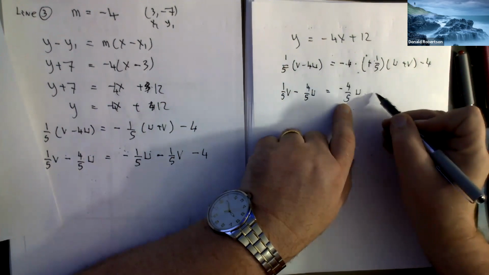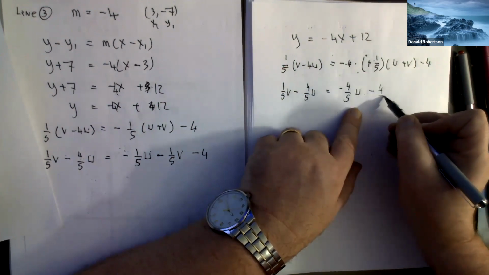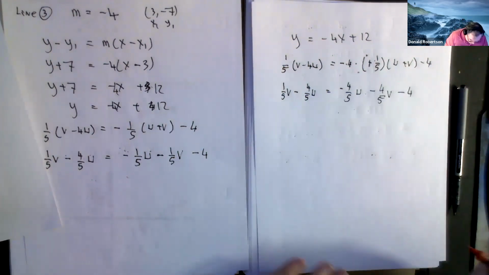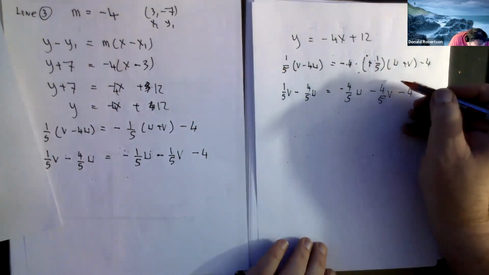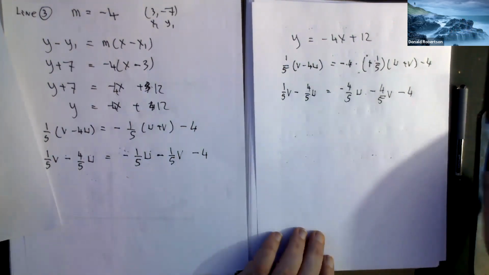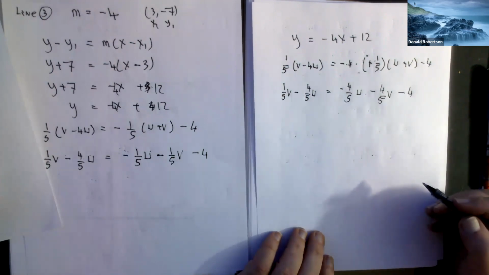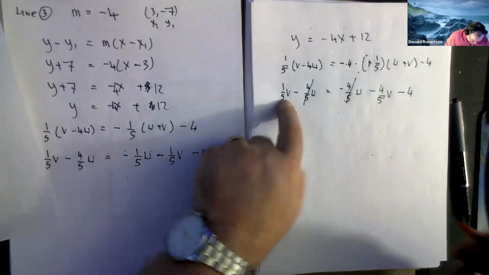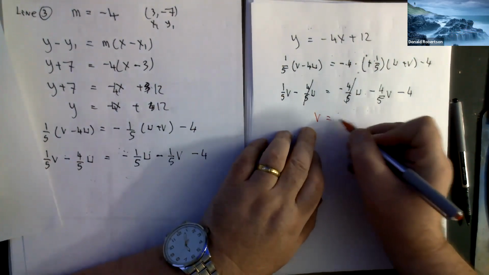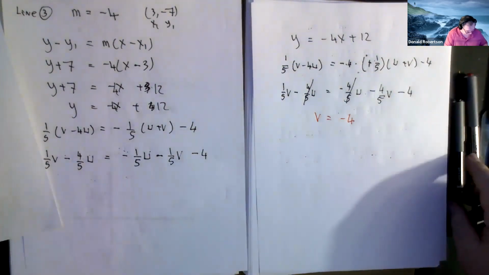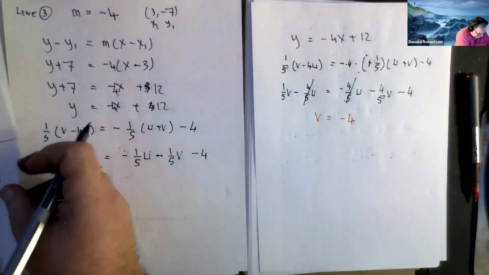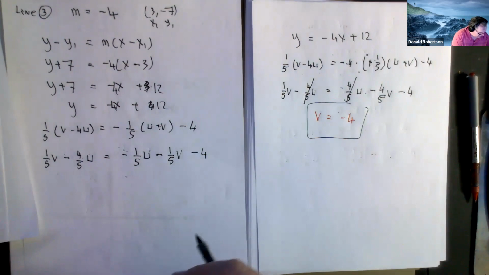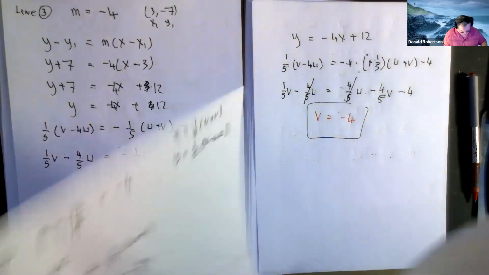That negative 4/5 times this guy is negative 4/5 v. Take away 4. There's the guy I was looking for. I think we have got... kill. Add this to both sides, you get v equals negative 4. And so we did actually get a number after about the 4th attempt.